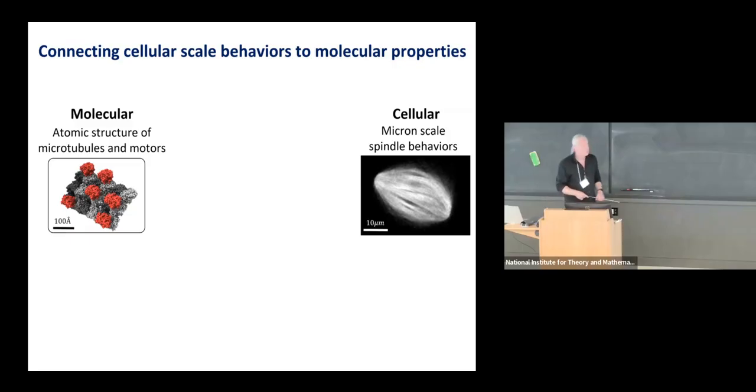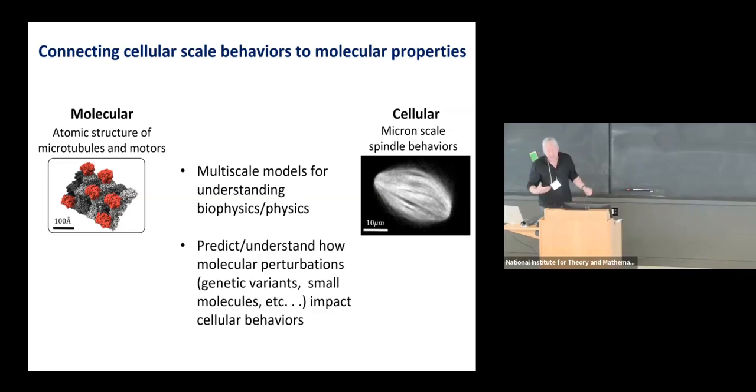Ultimately, we really would like to connect to the details of how the actual molecules are really working. And there are many reasons why we would want to do this. First of all, it's actually interesting. I just want to understand how these collections of molecules, in a truly multiscale sense, give rise to these large scale behaviors.